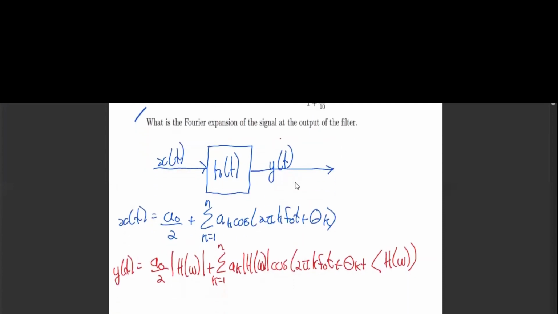So all in all, you have a sum of sinusoids going in. You'll get back a sum of sinusoids, but each magnitude will be multiplied by the magnitude response of the filter calculated at that harmonic frequency, and each phase will be added to the phase response of the filter, again calculated at that harmonic frequency.